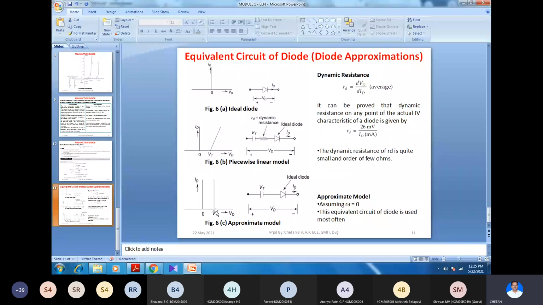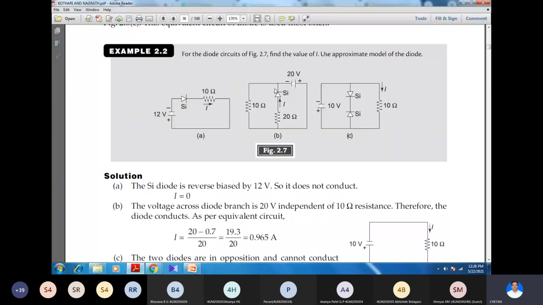So that battery will be present here. Therefore, 20 is the total voltage across this branch, minus 0.7, so you will get 19.3, divided by 20, which is this resistance. So you will get around 0.965. So the value of I will be 0.965.